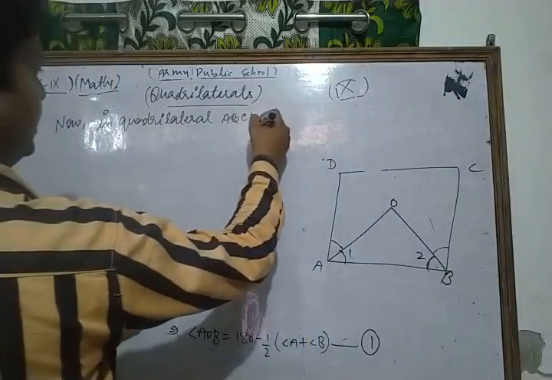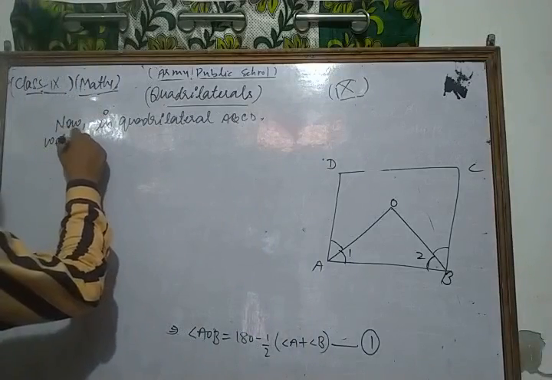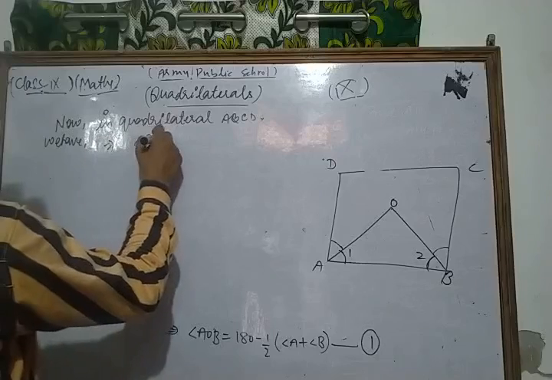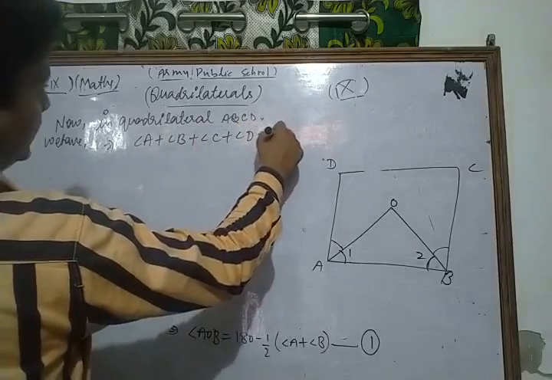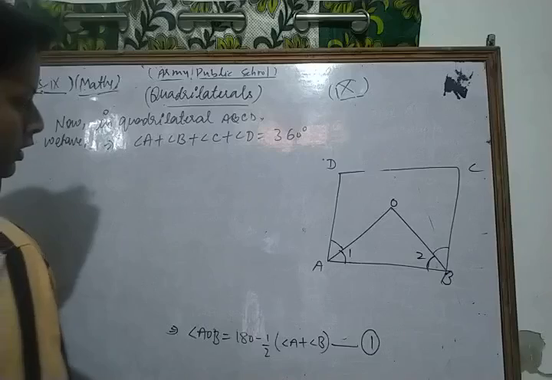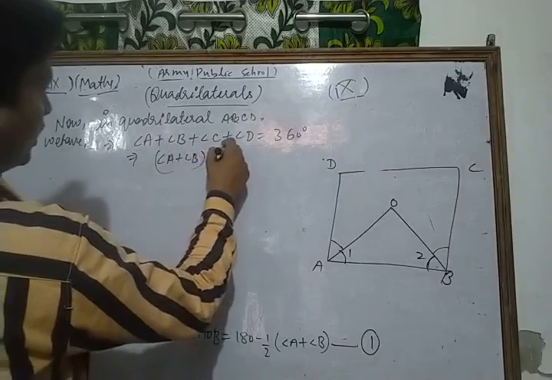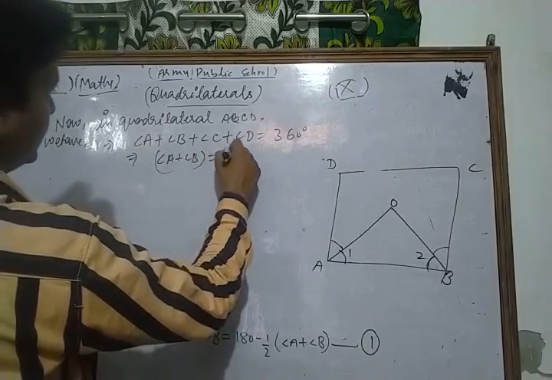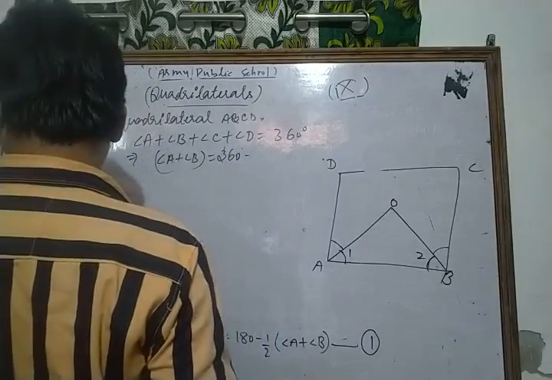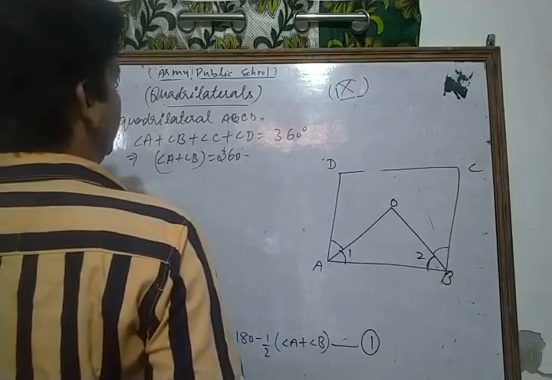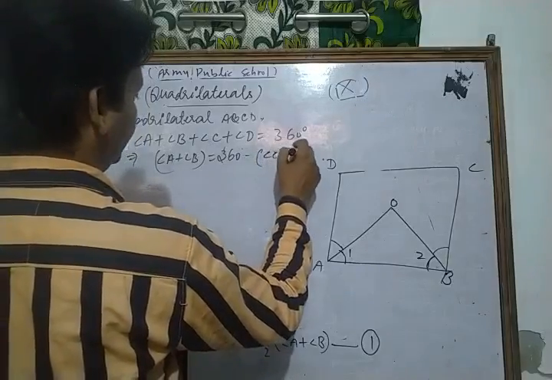In quadrilateral ABCD, the sum of all angles, angle A plus angle B plus angle C plus angle D, is equal to 360 degrees. So from there we find that angle A plus angle B is equal to 360 minus angle C plus angle D.